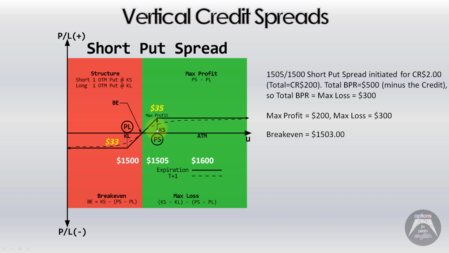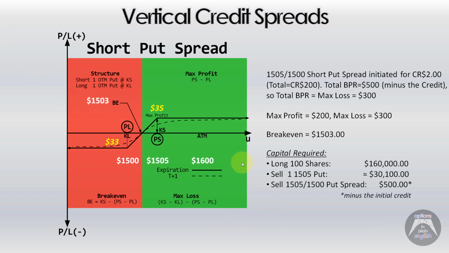So at expiration, this is going to be the place where your profits start going down, and you have a cushion of $2, which is what you got as a credit. So 1505, which is this, minus the credit that you got, which was $2. 1505 minus $2 is going to be equal to 1503, which is the break even right here.